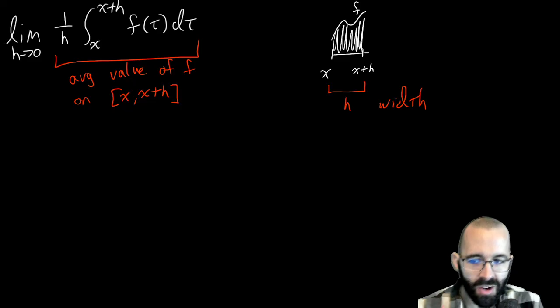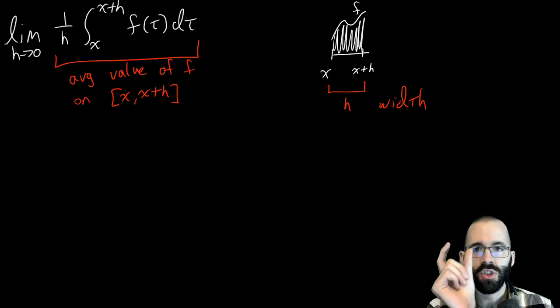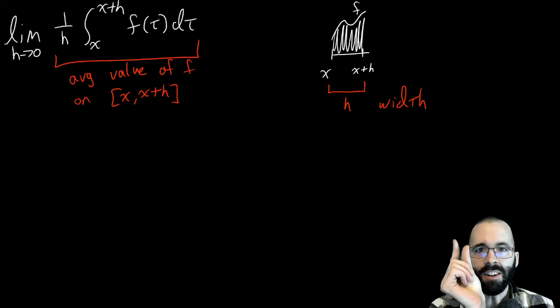And it gets even more interesting here because this is the average value and we have a limit. What is the average value of a function? Don't think of anything super fancy, but what's the average value of a function as that interval gets infinitely tiny?